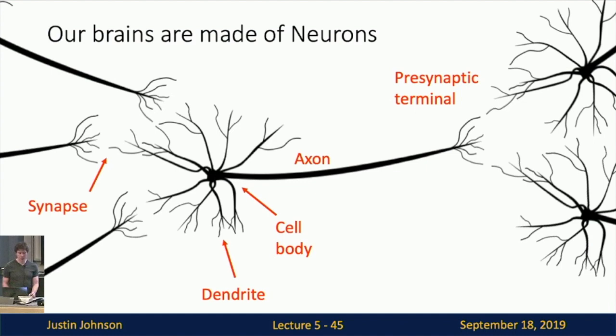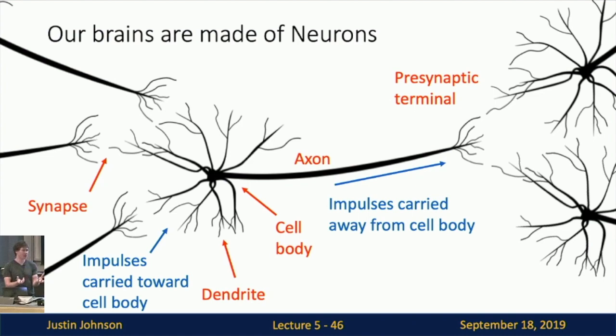Now these neurons are all connected in these giant networks, where axons send electrical signals to other neurons. The electrical signals from axons are received by other little protrusions from the cell body called dendrites. The gap between the dendrite of one neuron and the axon of the other neuron is called a synapse. This neuron in the middle collects electrical impulses coming down the axons of all of the incoming neurons on the left.